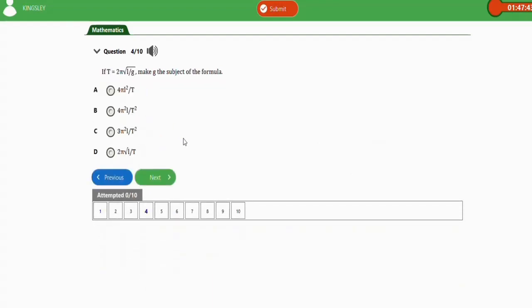So we have this question. We're asked, if t equals these values, make g the subject of the formula. Okay guys, very, very simple. Let's write down the question. So this is going to give us t equals 2 pi square root of 1 over g.